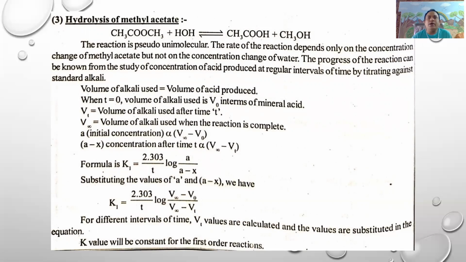The slope of the straight line equals AB by BC equals K1 by 2.303. That implies K1 equals 2.303 into the slope of the straight line. From this method, we can calculate the rate constant of acid catalyzed hydrolysis of methyl acetate.